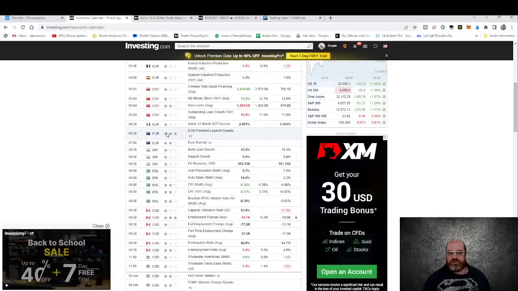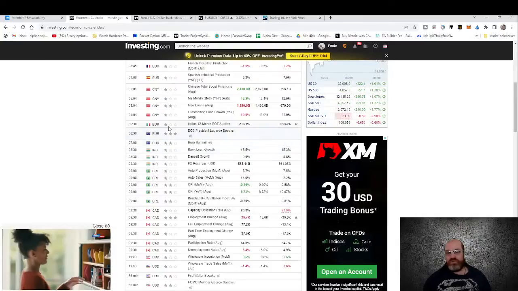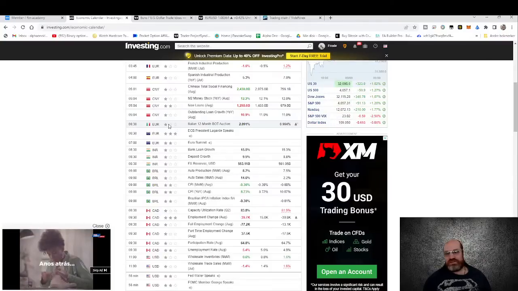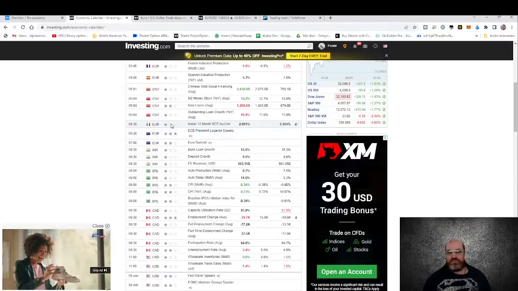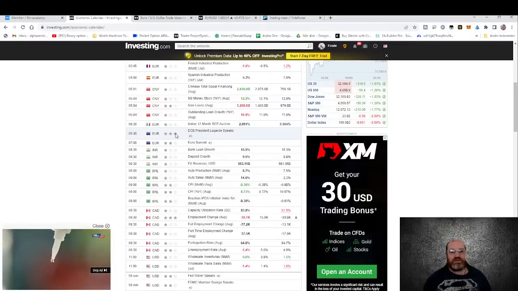Then when you see something like this, it was 6:30, 7 in the morning for me. When you see a 3-star news like this, wait 1 hour after. And also be careful to open a trade before, because if you open a trade before, that's the same rule. You should close your trades before a 3-star news. Because with this news you can get a spike in the market that can hit your stop loss.